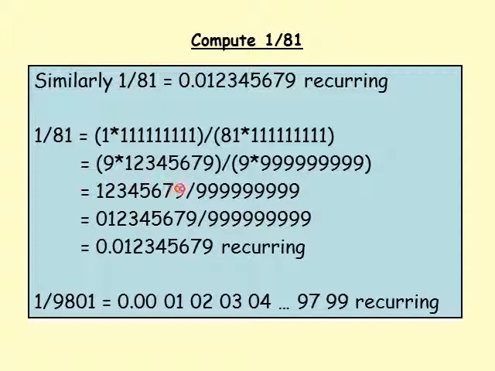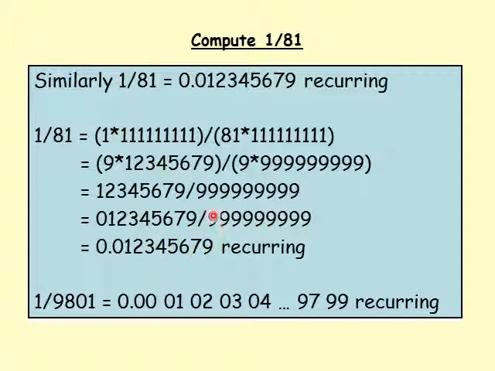The numerator has 8 digits. We add a 0 to the left to make a 9-digit sequence in the numerator and a 9-digit sequence of all 9s in the denominator. And that's the definition of recurring numbers, and that is 0.0, 1, 2, 3, 4, 5, 6, 7, 9 recurring.